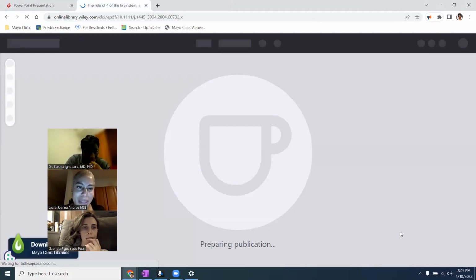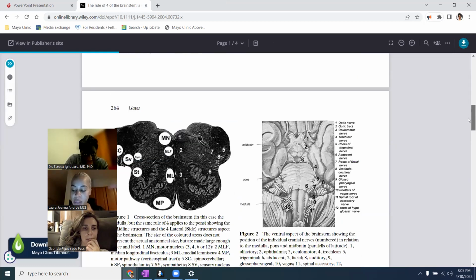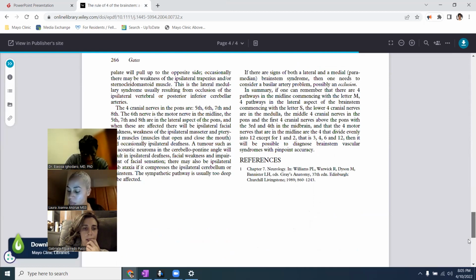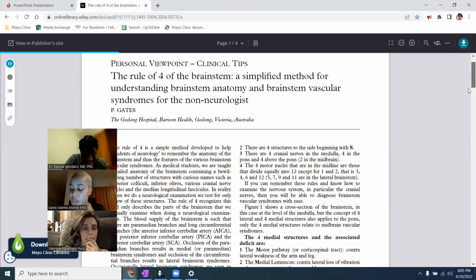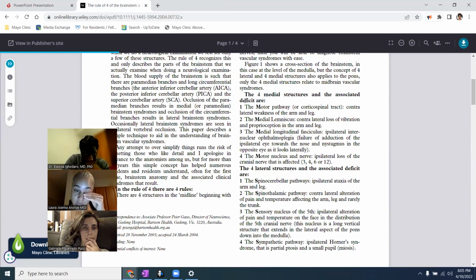I think it's better if you just read it. But the lateral is going to be PCA in the midbrain, AICA in the pons, and PICA in the medulla, and then basilar would be in the pons, and ASA in the medulla.